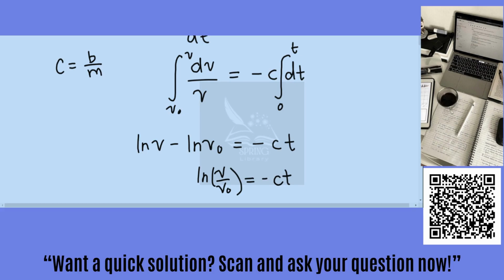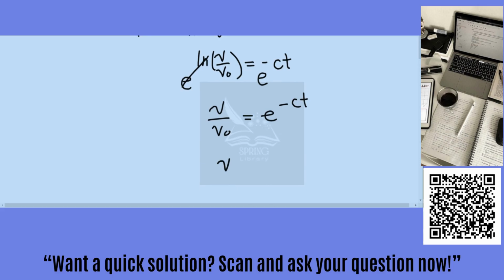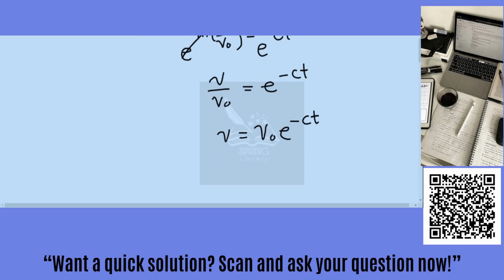And then we can get rid of the ln by taking both sides and raising e to them. So e to the power ln v over v naught equals e to the power minus ct, and e to the power ln cancels out, and we get v over v naught is equal to e to the negative ct. And v is equal to v naught e to the negative ct.